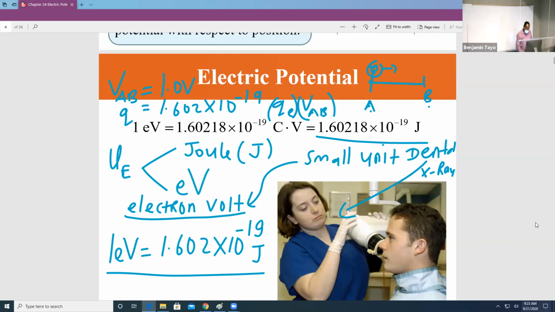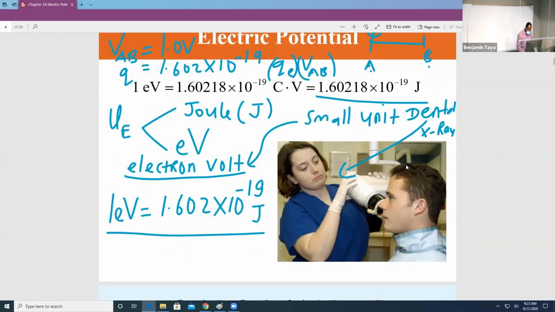As an example, just to give you an idea, dental X-rays typically use maybe about 10 to 20 keV, so kilo electron volts. Dental X-rays use very low energy X-rays, about 10 to 20 kilo electron volts.